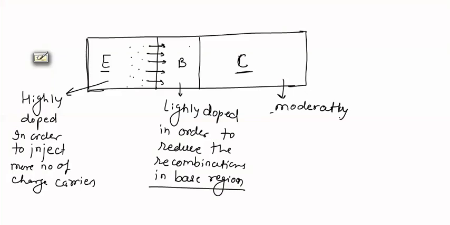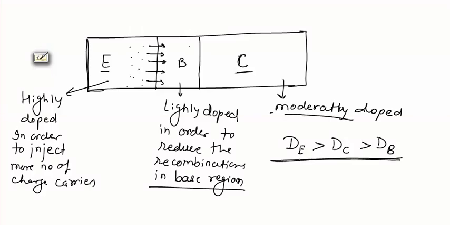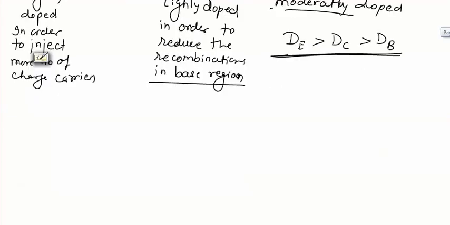If these are the doping of three regions, we can say that doping of emitter is greater than doping of collector, and doping of collector is greater than doping of base. This is the range of doping for these three regions in the transistor. Now we will discuss about the areas of three regions.